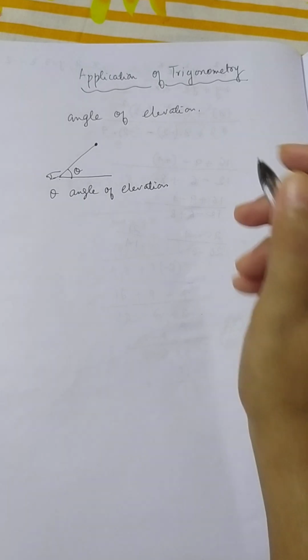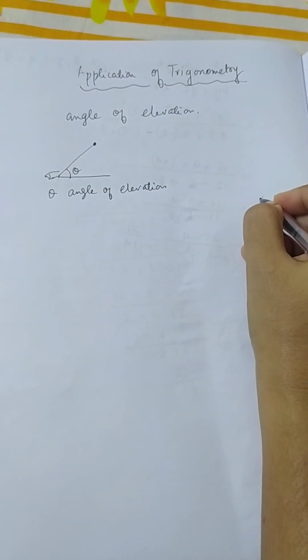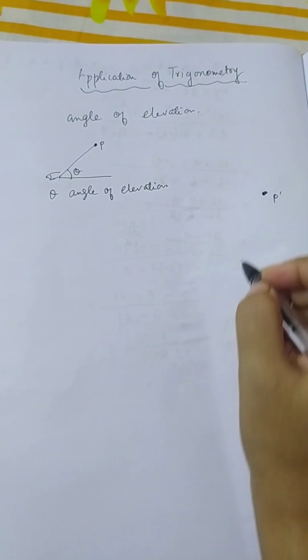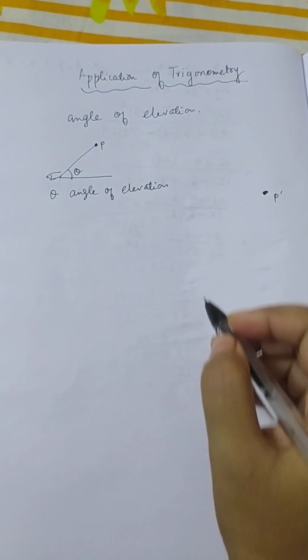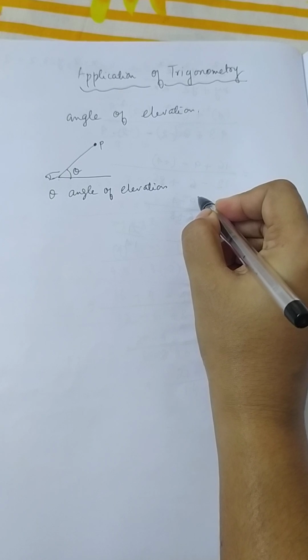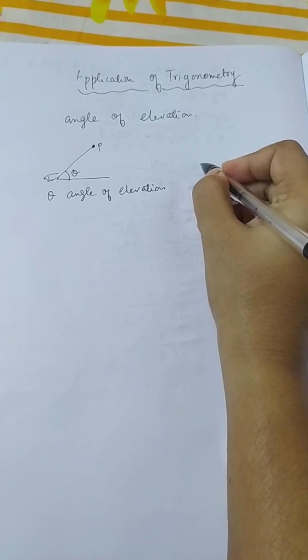Next definition, which is also important, is the angle of depression. Suppose there is an object named P. An observer is watching from here.